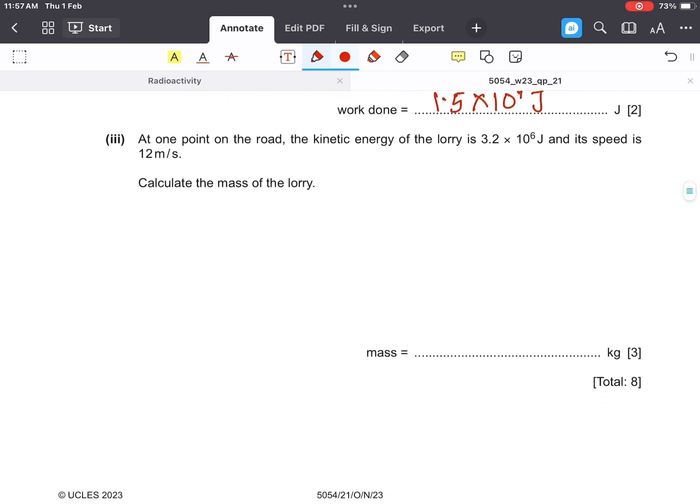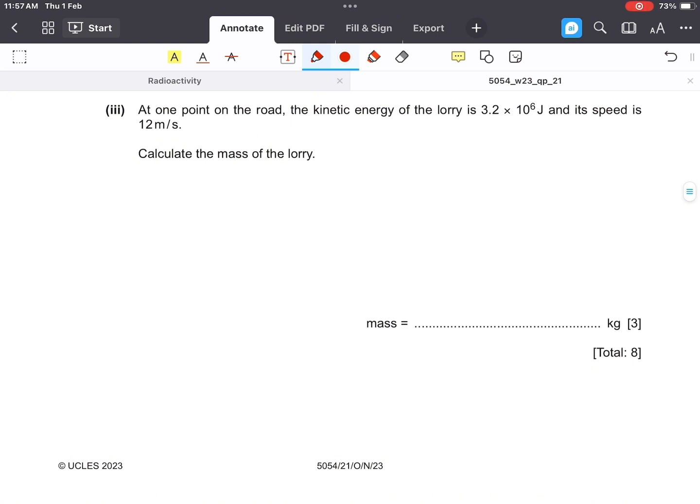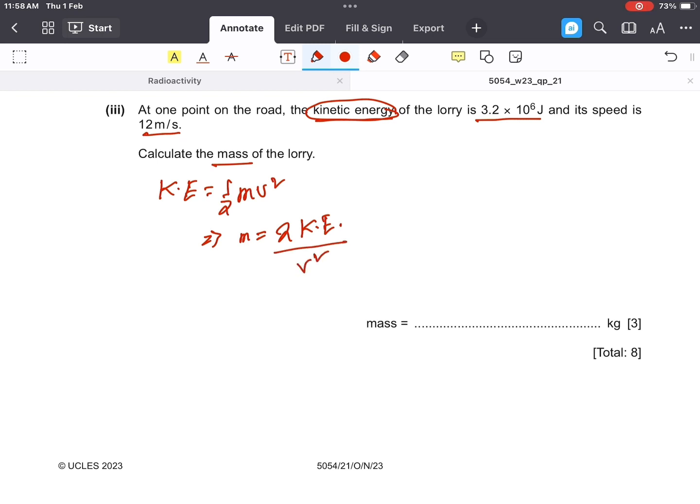Okay, next question. At one point on the road, the kinetic energy of the lorry is 3.2 × 10^6 joules and its speed is 12 meters per second. Calculate the mass of the lorry. So over here we have to use kinetic energy. KE equals half mv squared, so we rewrite the equation and make m the subject of the equation. m equals 2 multiplied by KE, kinetic energy, divided by v squared.